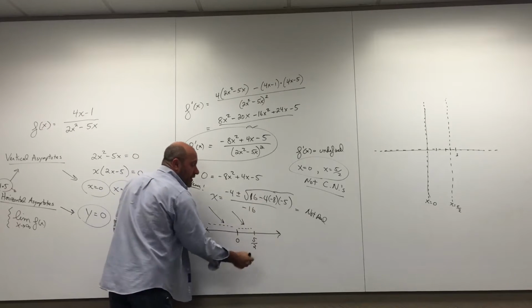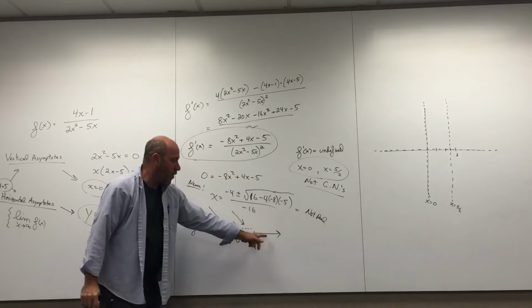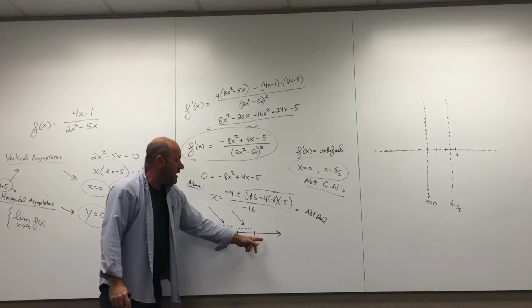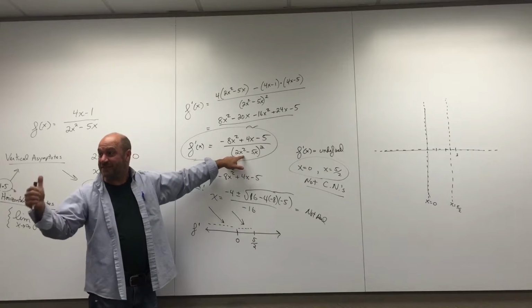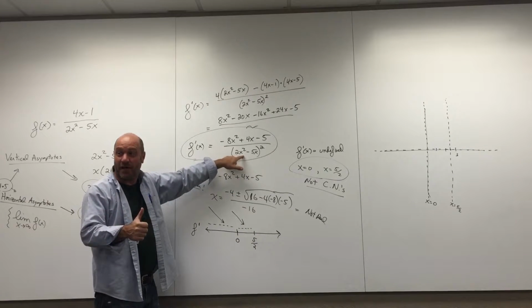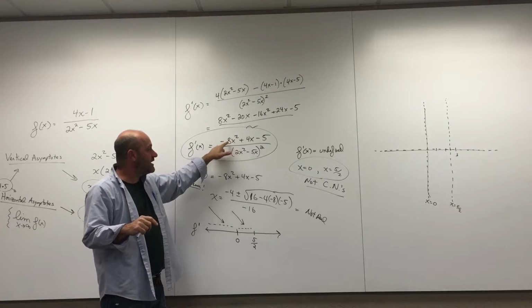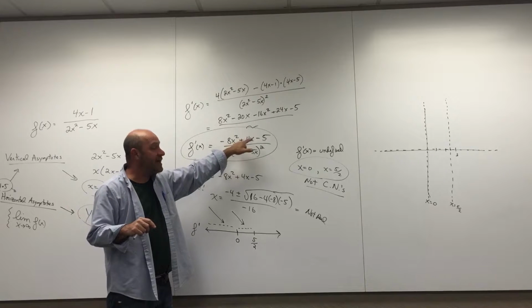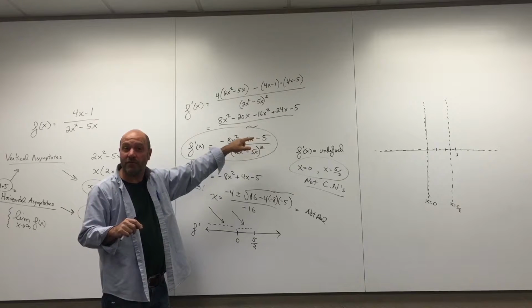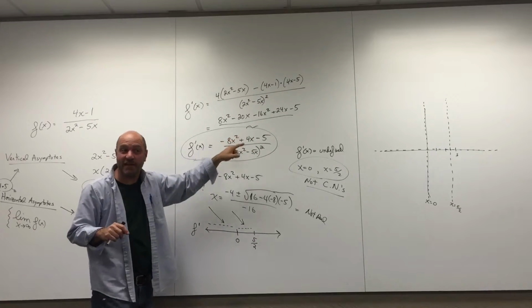Let's pick something way out here, 3 or 4 or 5, or I'll pick a 3. The denominator's positive. We said that 6 times. But I got to plug a 3 into that numerator, which kind of sucks. It's -72 + 12. I think that's negative. That wasn't too hard. It's pretty largely negative.